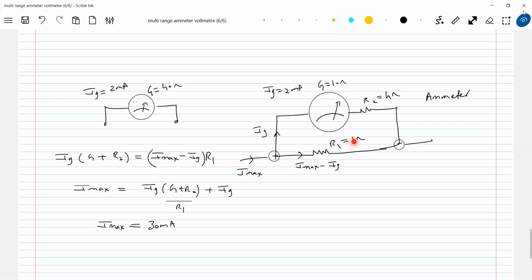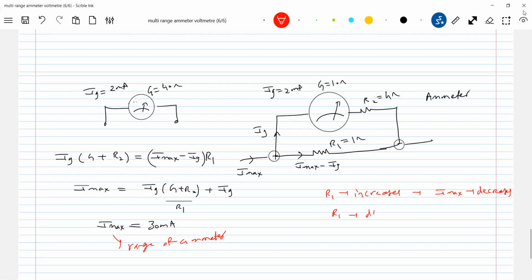Now if I increase R1, with R2 there, I'll make it 10 ohm. So what do we expect? Imax is called the range of the ammeter. If I increase R1, the range will decrease. Imax, the maximum current we can measure, decreases.